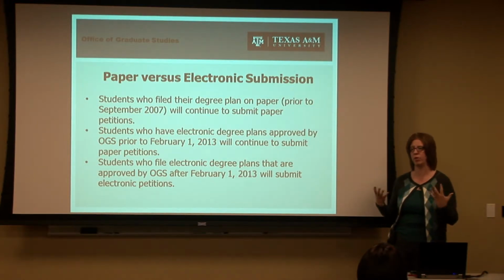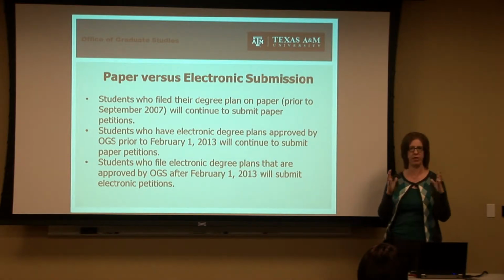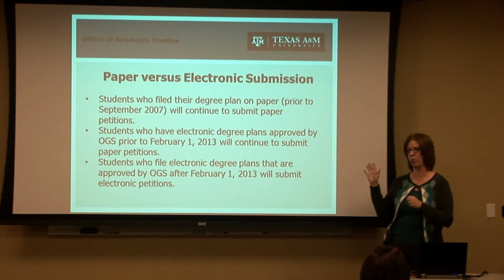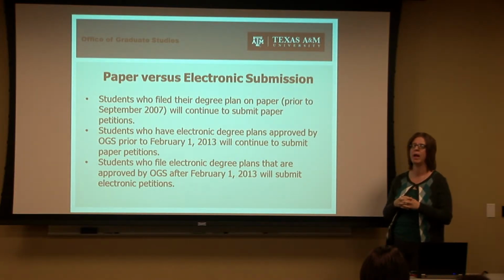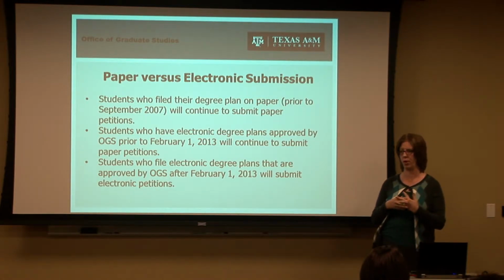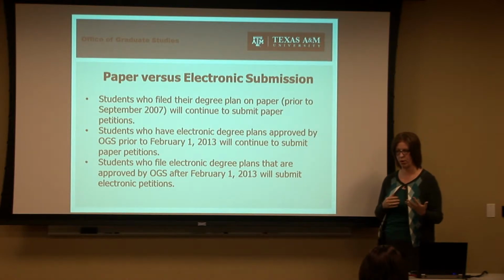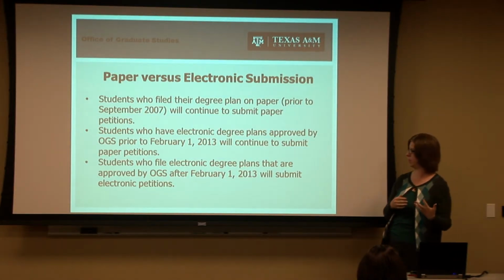Again, this system is really built upon the one approved degree plan and what the student has approved. And since for those students, the one approved degree plan is not in the DPSS because it was submitted by paper, it is not going to be possible right now for those students to submit electronic documents. So if they have a paper degree plan, they're going to have to continue to submit paper petitions.